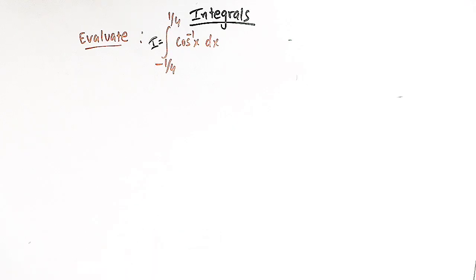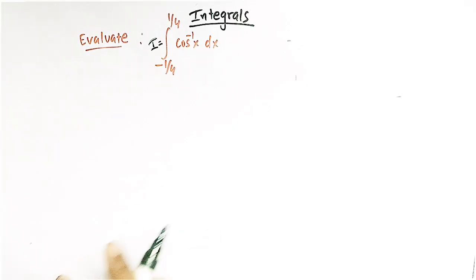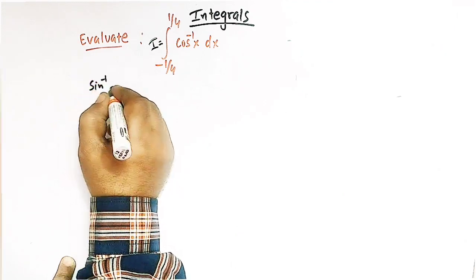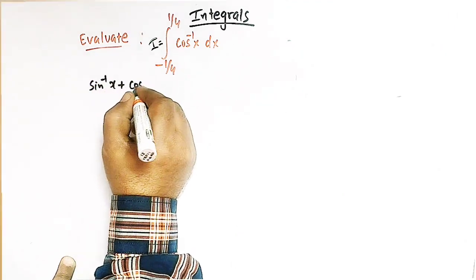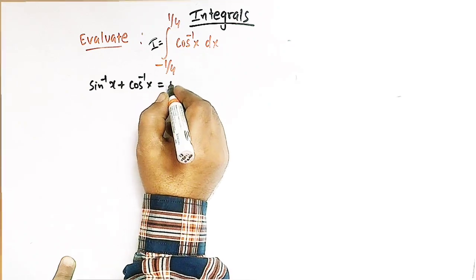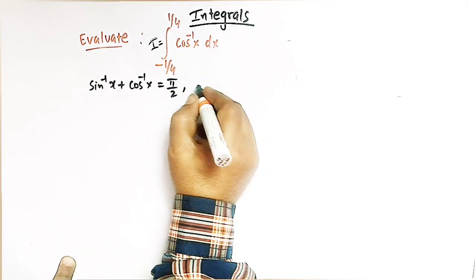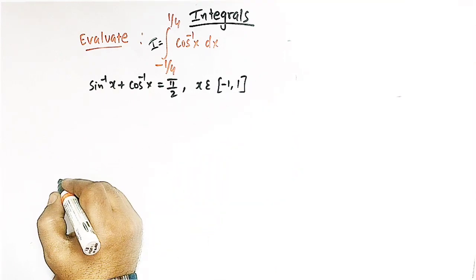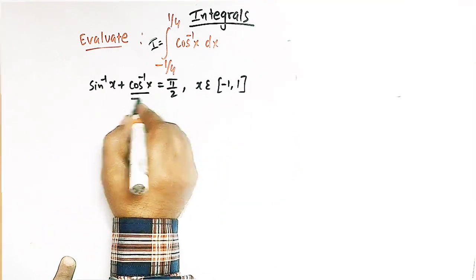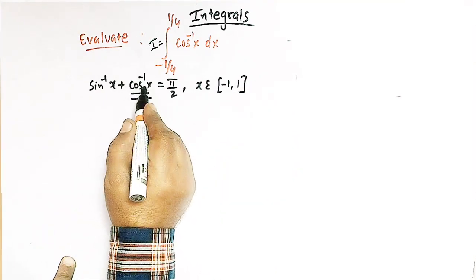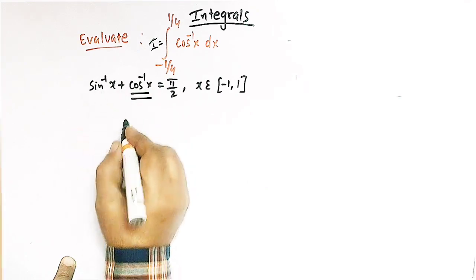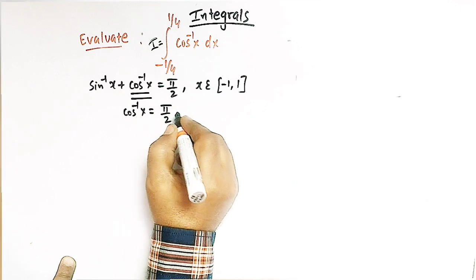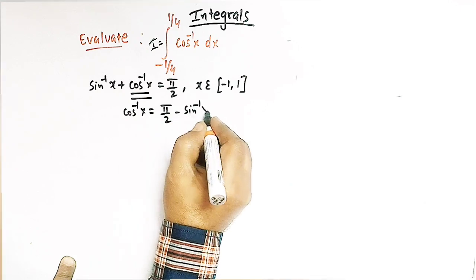So let us start. From inverse trigonometric functions, we know that sine inverse x plus cos inverse x is equal to pi by 2, where x belongs to the interval minus 1 to 1. Here we will express cos inverse x in terms of sine inverse x. So cos inverse x is equal to pi by 2 minus sine inverse x.